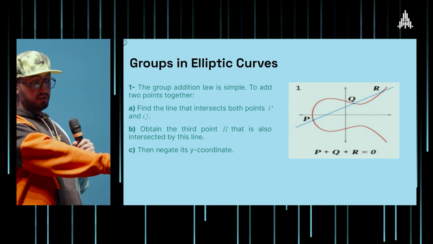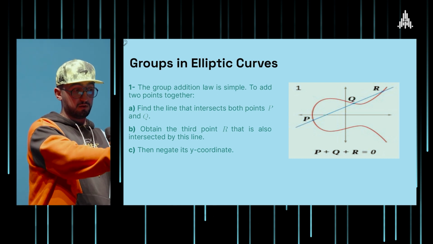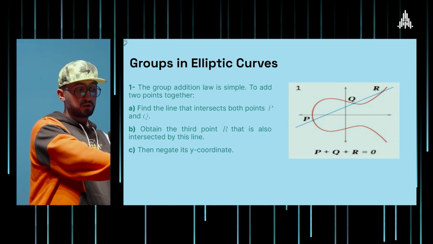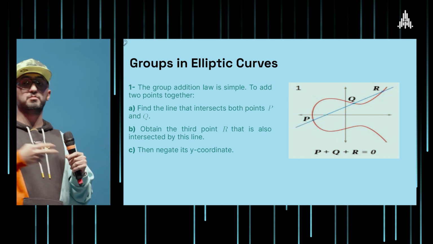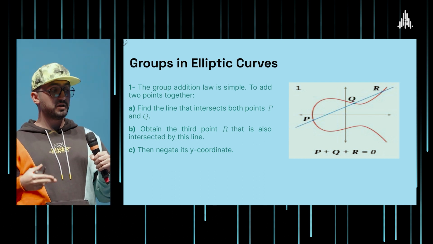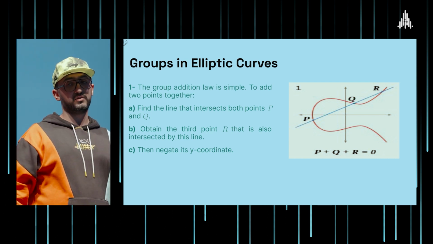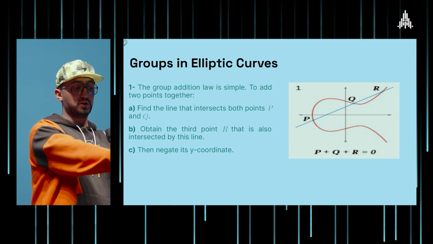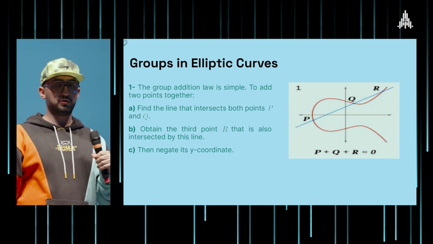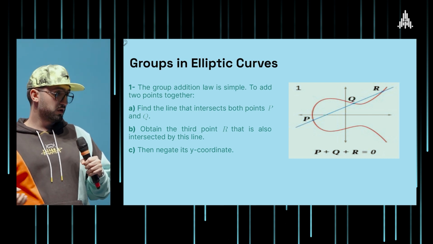What does this mean? P is one of our results, for example, and Q and R are points. If you want to add P and Q using the finite field, we should get a result which is on the elliptic curve as well. If you cannot get a result on the curve, it won't work, and you will just get some trash values.